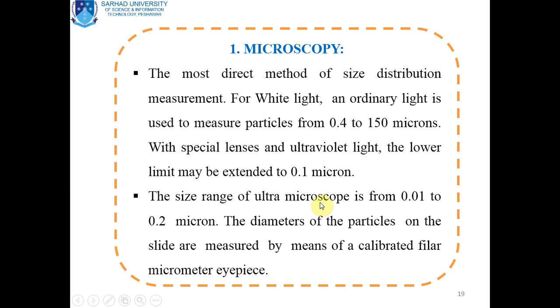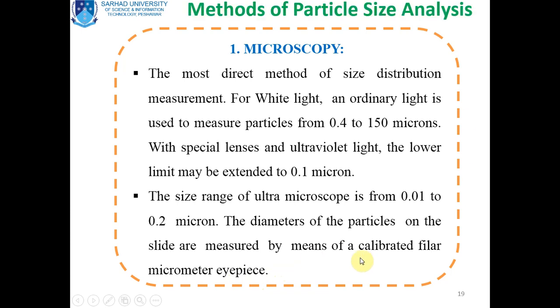The size range of the ultramicroscope is from 0.01 to 0.2 micron. In this case, an ultramicroscope is used, and the range is reduced further. The diameter of the particles on the slides is measured by means of a calibrated microscope, which is calibrated already.